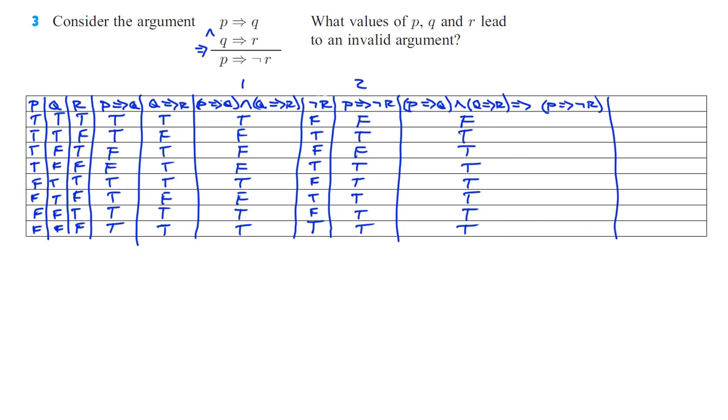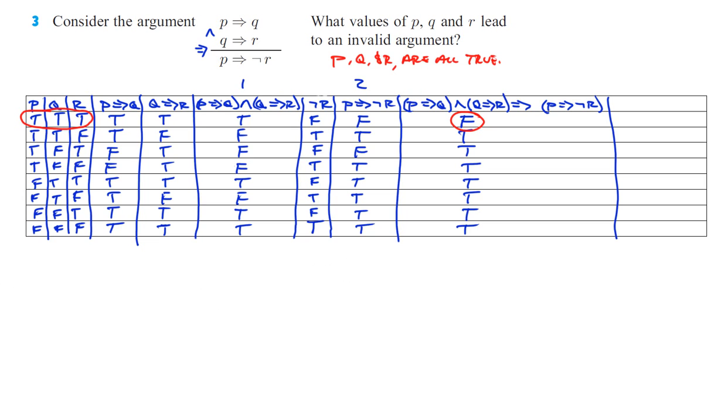So it says here, what values of P, Q, and R lead to an invalid argument? Just this one is false, so that means the thing that leads to an invalid argument is if P, Q, and R are all true. Okay, so P, Q, and R all true is what leads to an invalid argument on that one.